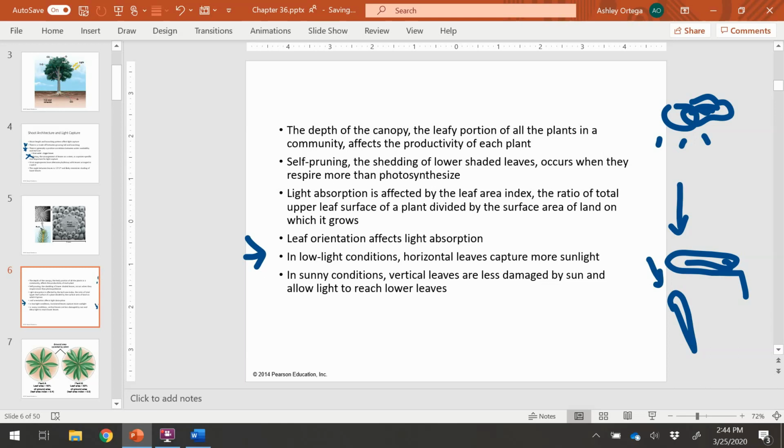All right. While in sunny conditions, vertical leaves are less damaged by the sun, so they absorb less and allow light to reach other leaves. And so vertical is up and down, and horizontal is left and right. All right, so those two things you want to know.